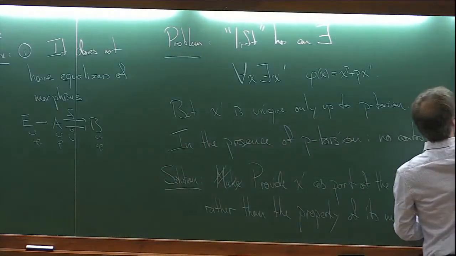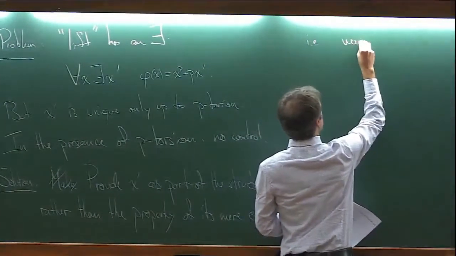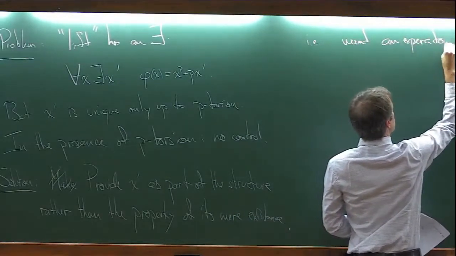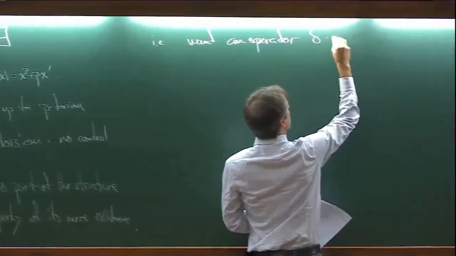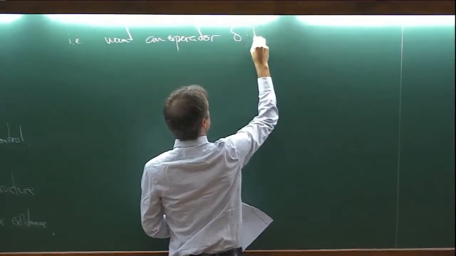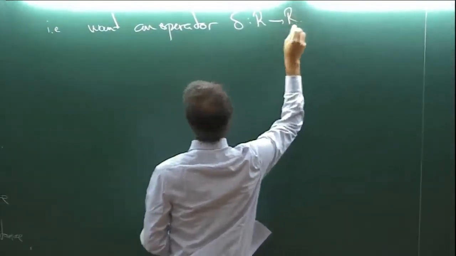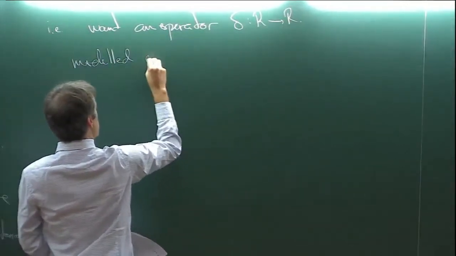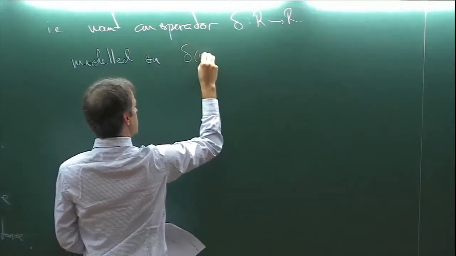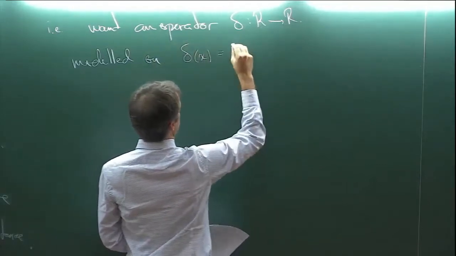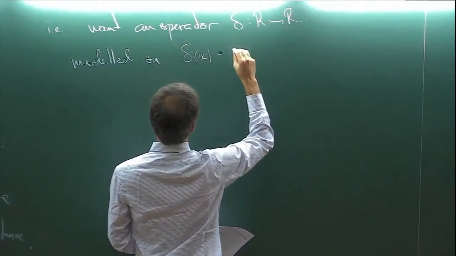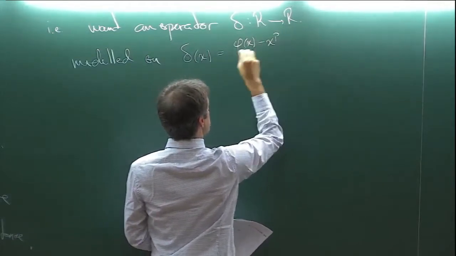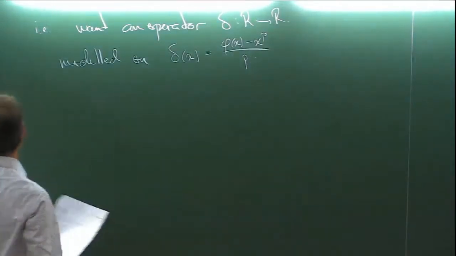So, we want an operator, which I'll call delta, which goes from R to R, modeled on delta of x is (x minus x to the p) divided by p.